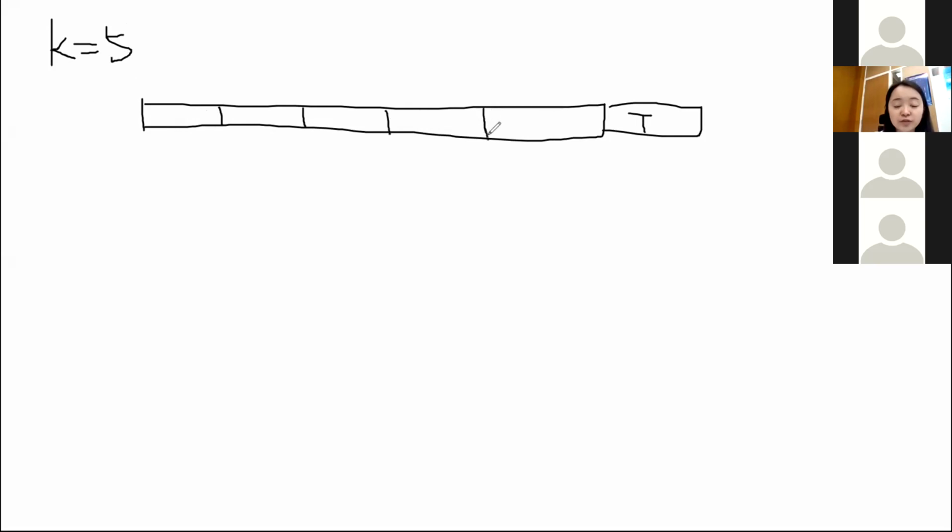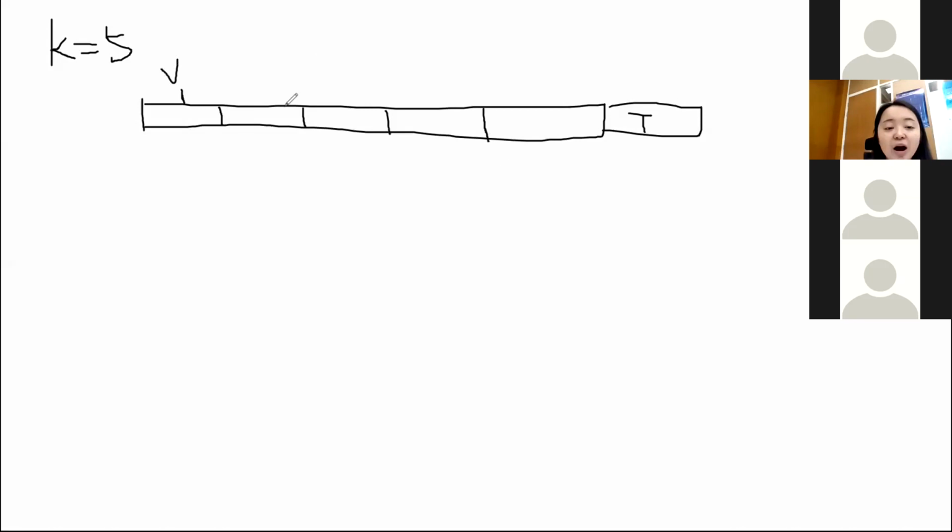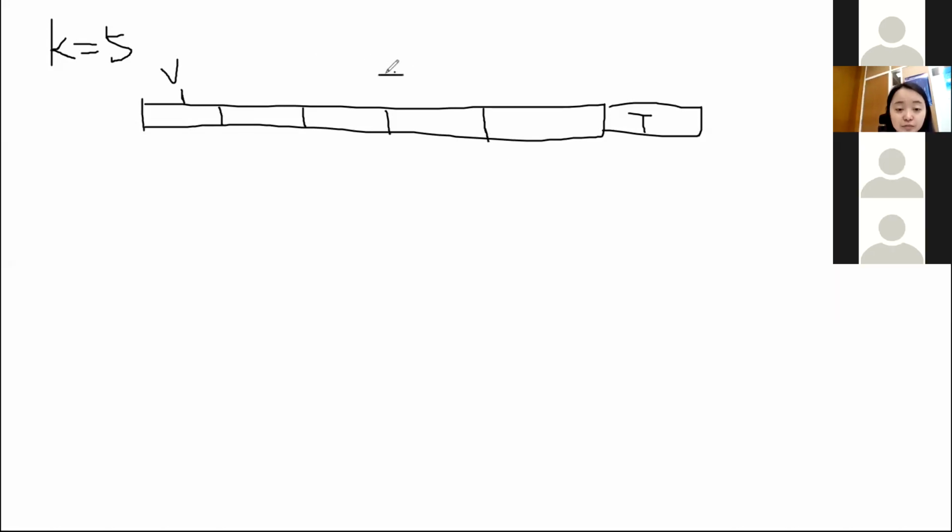So for the first time, the first part would be the validation part, and the rest of the 4 parts will be the training set. We use these samples to train the model, and we receive an accuracy.